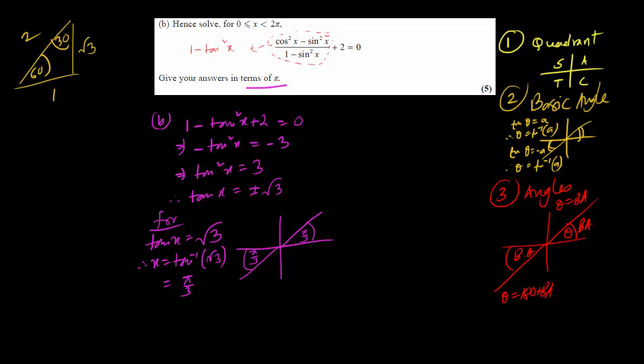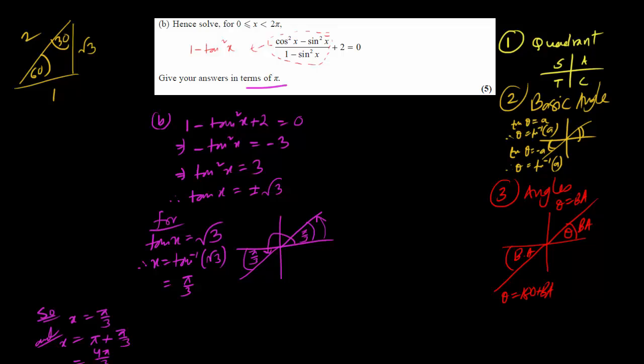So the first quadrant is going to be the same, so x equals pi by 3, same as the basic angle, and the other is going to be 180 plus the basic angle. 180 is pi, plus pi by 3 turns out to be 4 pi by 3.